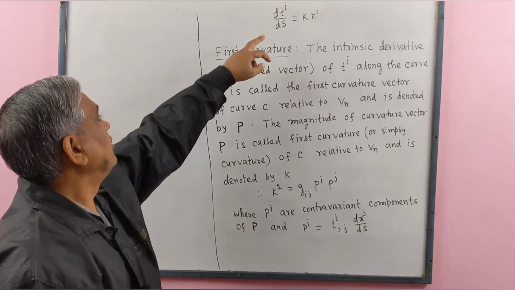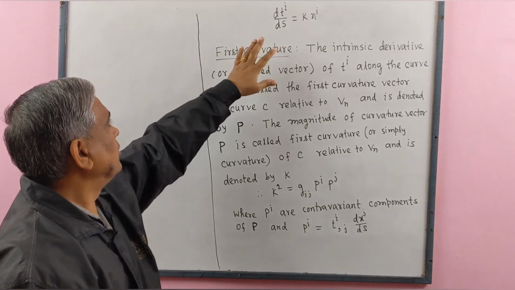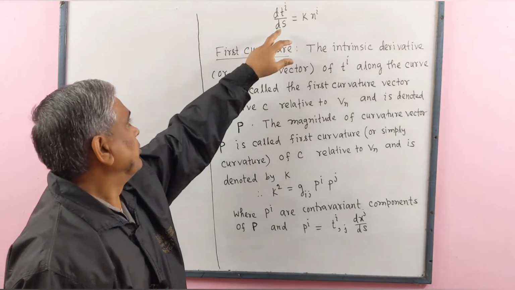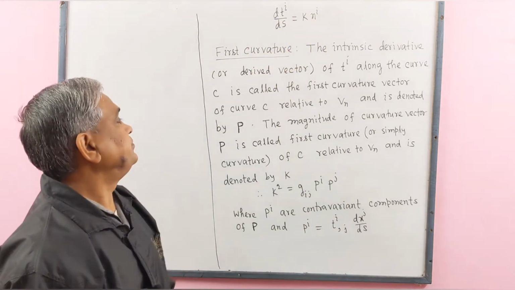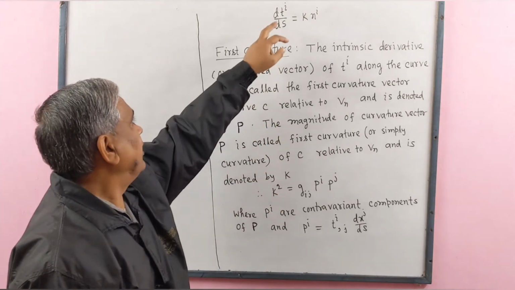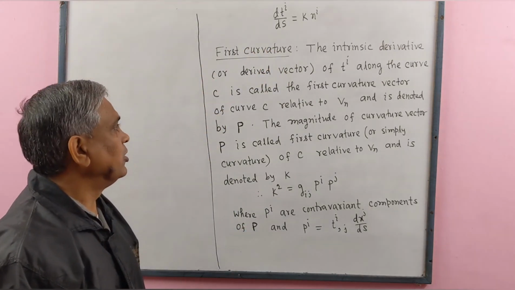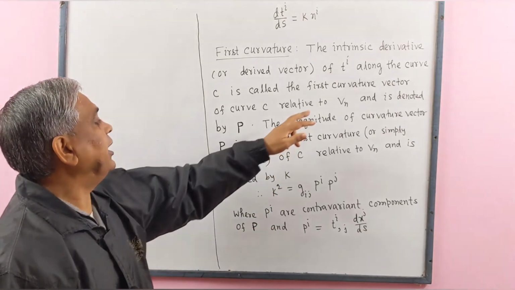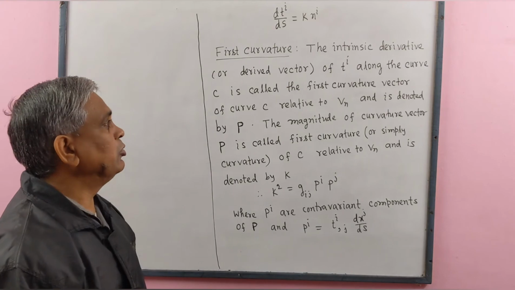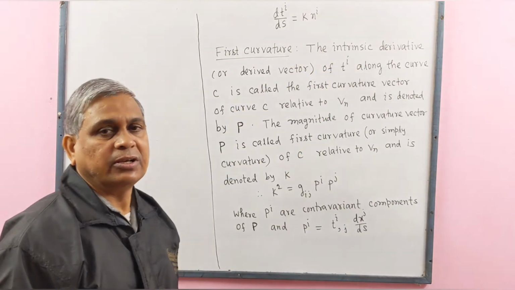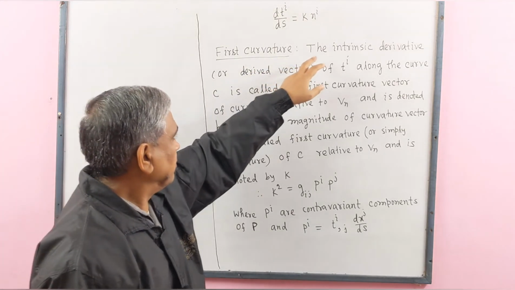Since in three-dimensional differential geometry, we have the value of curvature by the equation dti by ds equal to k eta i, K be the curvature and left side is derivative of Ti with respect to S. But in case of Vn, in place of this ordinary derivative, we use the intrinsic derivative, and we define first curvature as follows.